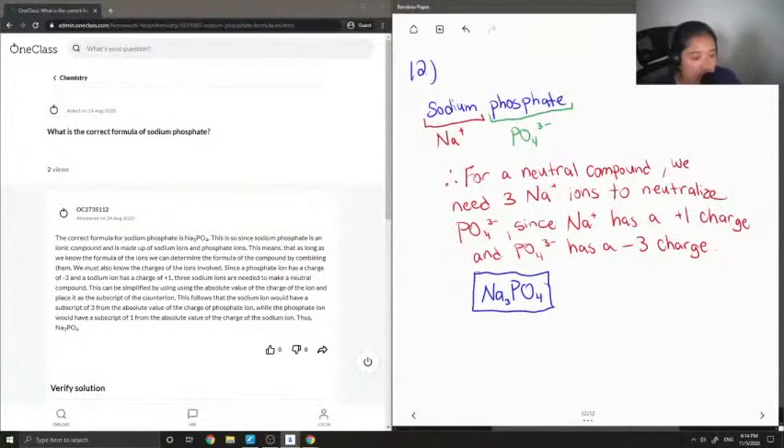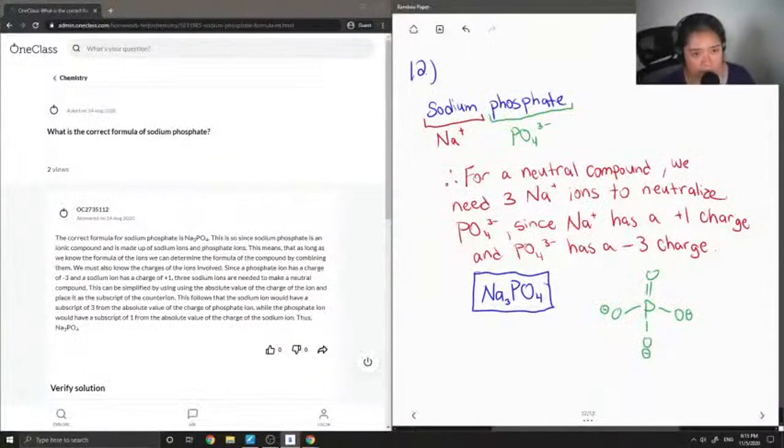So we can also write out its structure. Since it has a pretty interesting structure, basically we have our phosphine, and it has a double bonded oxygen, and then 3 more oxygens, single bonded oxygens that all have that minus charge.